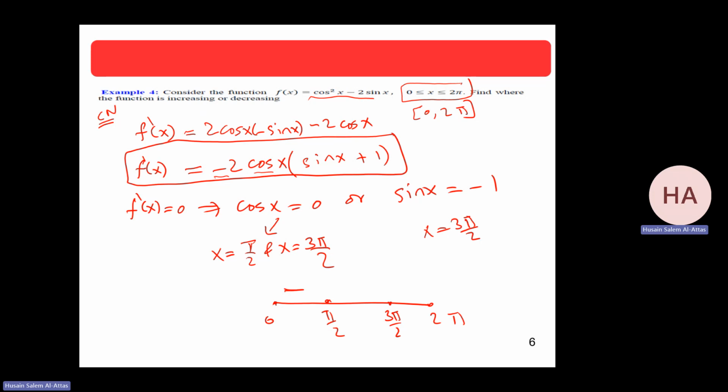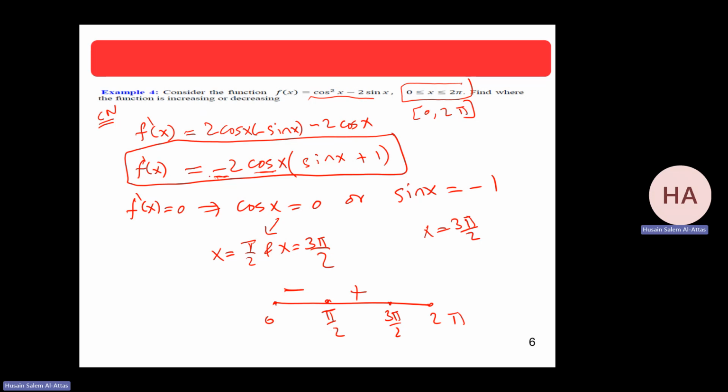Take a value between pi over 2 and 3 pi over 2, for example pi. That will be negative, cosine pi is minus 1, negative. Sine pi is 0 plus 1, so that's positive, so this one will be positive. Between 3 pi over 2 and 2 pi, that means in the fourth quadrant, so we'll take, for example, 7 pi over 4.